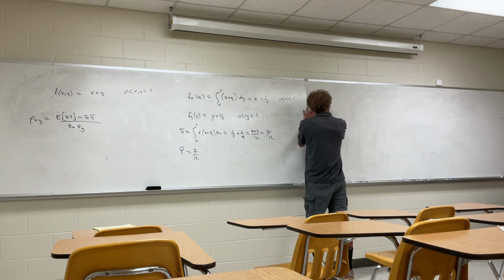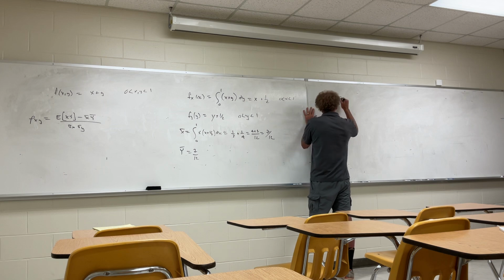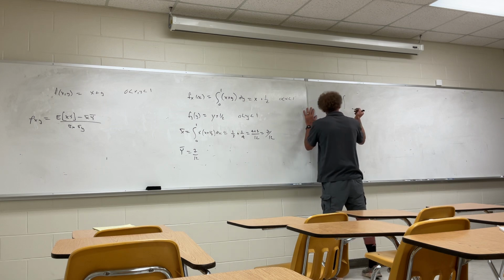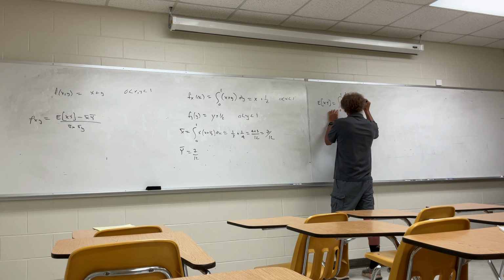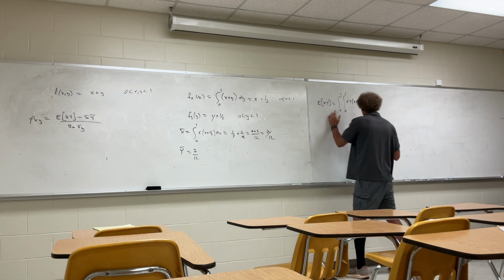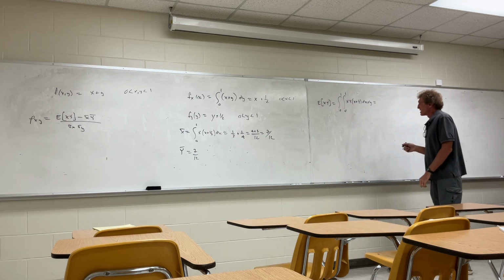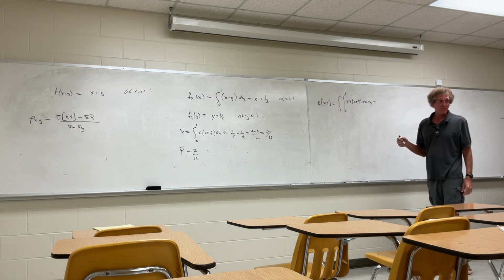It's going to be a double integral, from 0 to 1, 0 to 1, of x times y times x plus y, dx dy. First, I have to make sure everybody agrees with that.